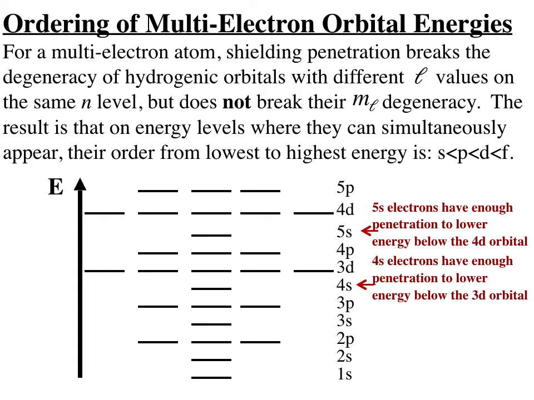So a 4s slides in below a 3d, even though 4s is on a higher n level than the d orbital is. So we have this weirdness of the ordering becoming even more exacerbated by penetration of the core. This even gets worse for the f orbitals. When you start to put the f orbitals in, they are penetrated by several other orbitals before they get to fill.